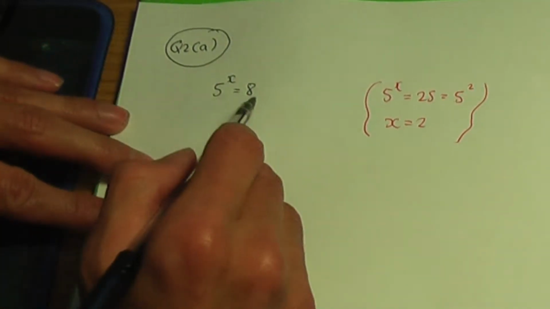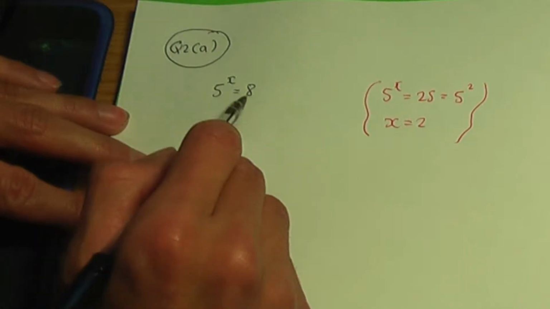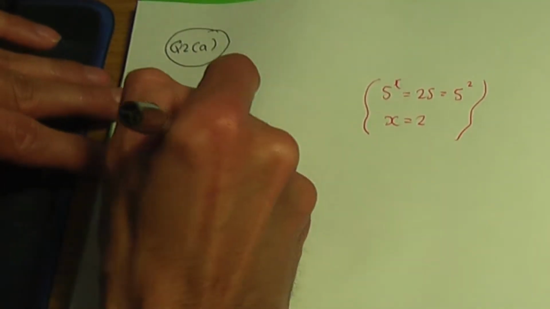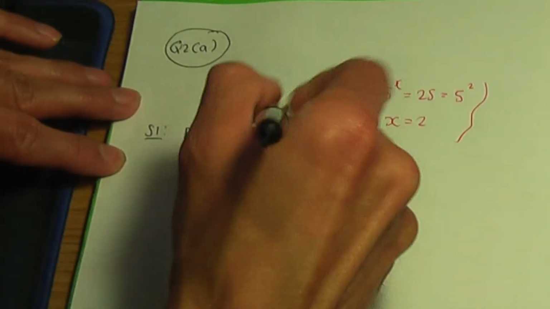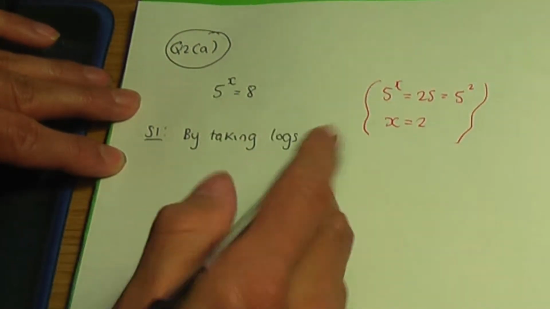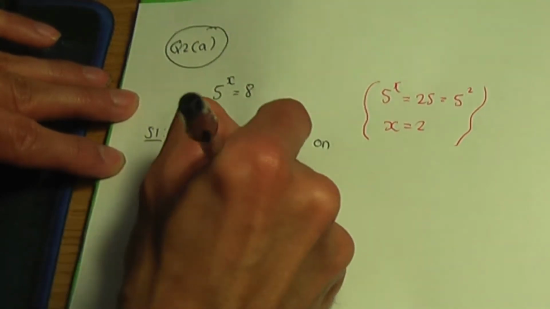So for this particular equation, we need to take logs or natural logarithms on both sides. So let me explain the approach. In step number 1, by taking logs, LOGS is shorthand for logarithms, on both sides.